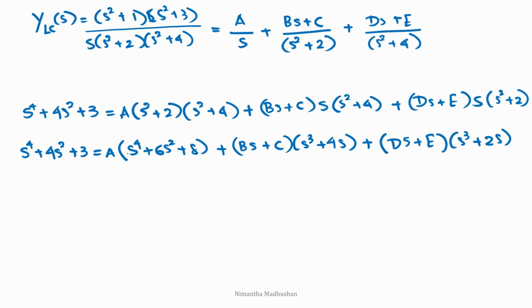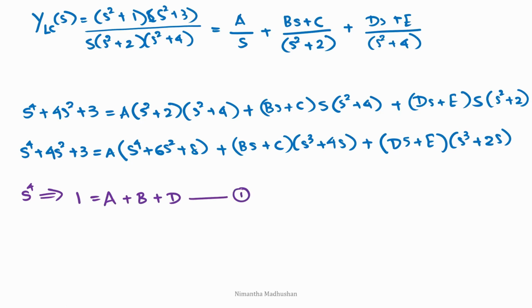Now we have to find the values of a, b, c, d, and e. First, I consider s to the power 4. From the left hand side, the value is 1. From the right hand side, we can see a into s to the power 4, that is a; bs into s cubed is b times s to the power 4, then b; and there is also an s to the power 4 term from ds into s cubed, then d.